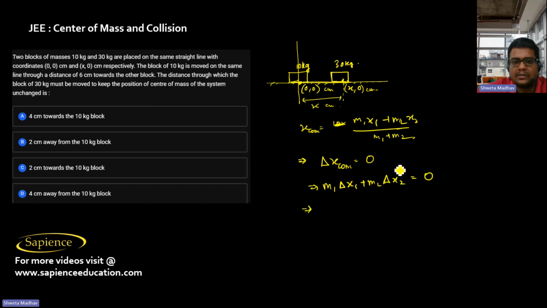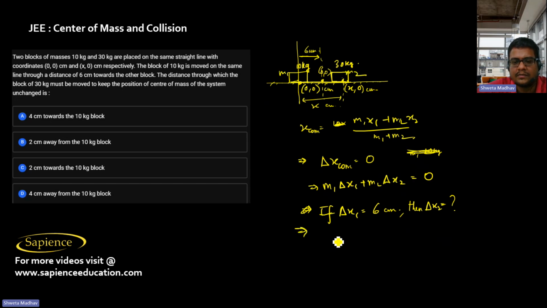So now delta x2 has been asked. Here it is told 10 kg is moved 6 centimeter towards the right, towards the 30 kg block. So it will now be placed at 6, 0. So delta x1 is 6 centimeter. Then we have to find out delta x2. M1 is 10 kg and M2 is 30 kg.